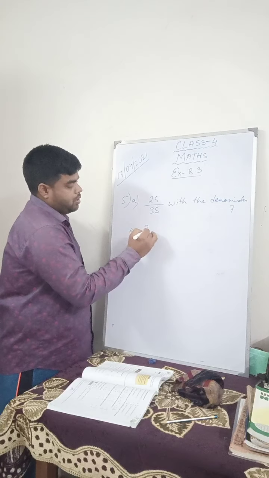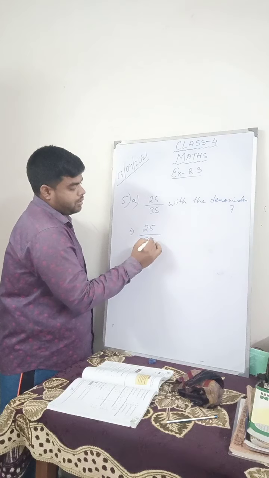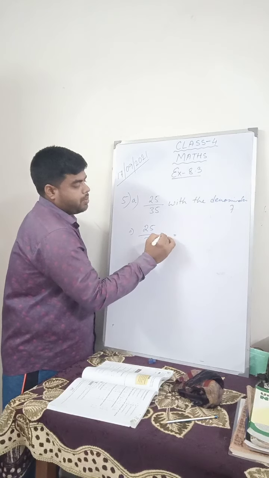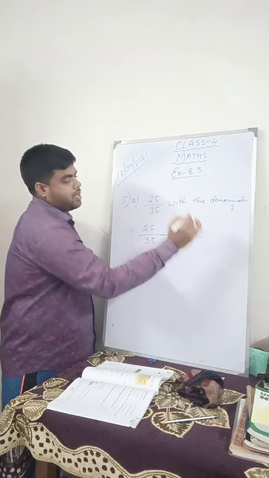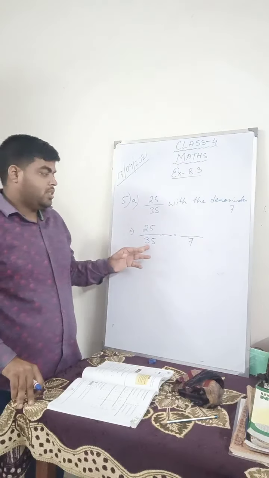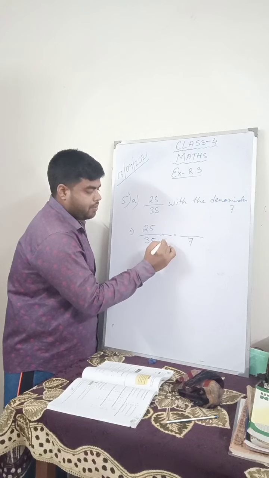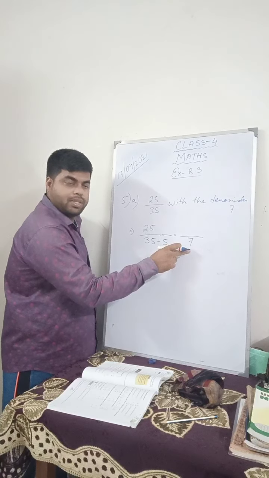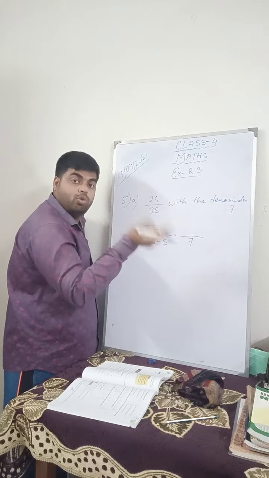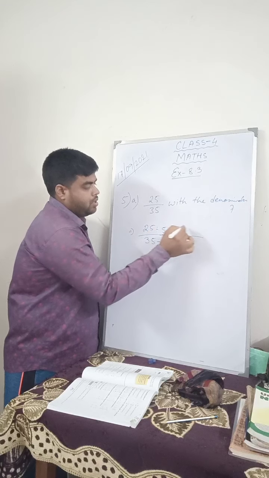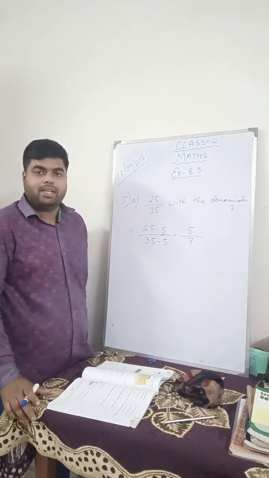So 25 by 35, it is becoming 7. 35 is becoming 7, means 35 divided by 5. 35 divided by 5 is 7. So you have to divide the numerator also by 5. So the answer is 5 by 7.